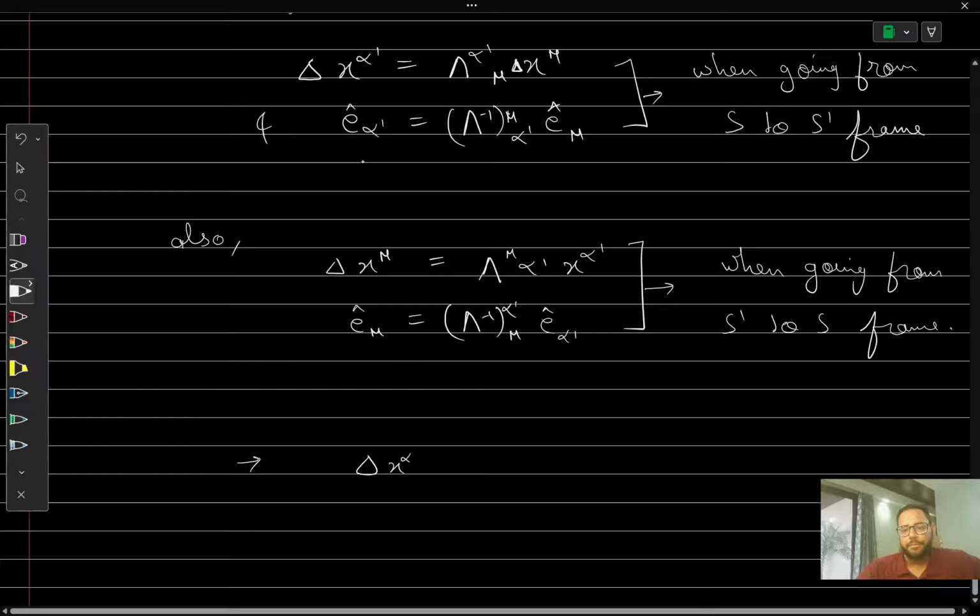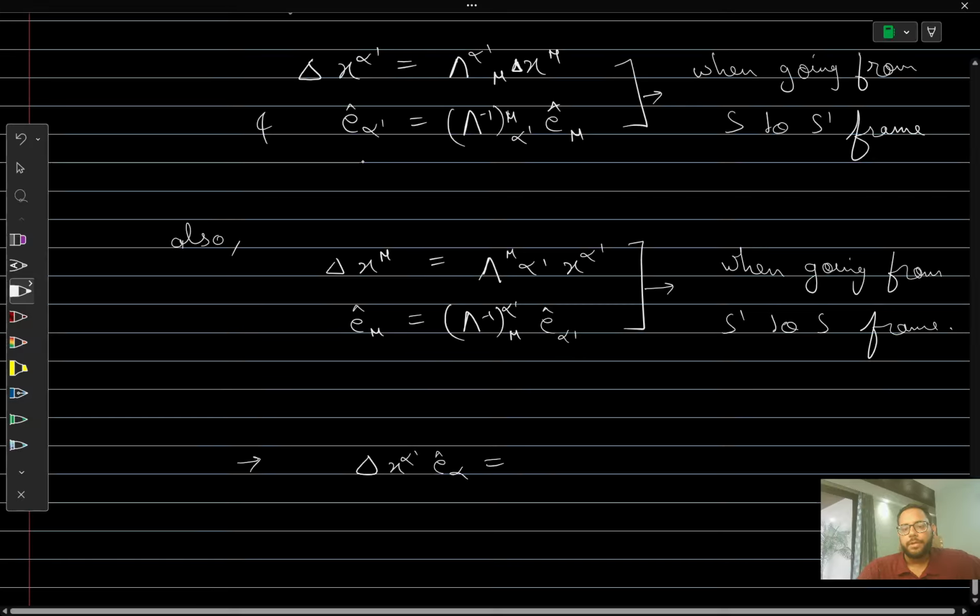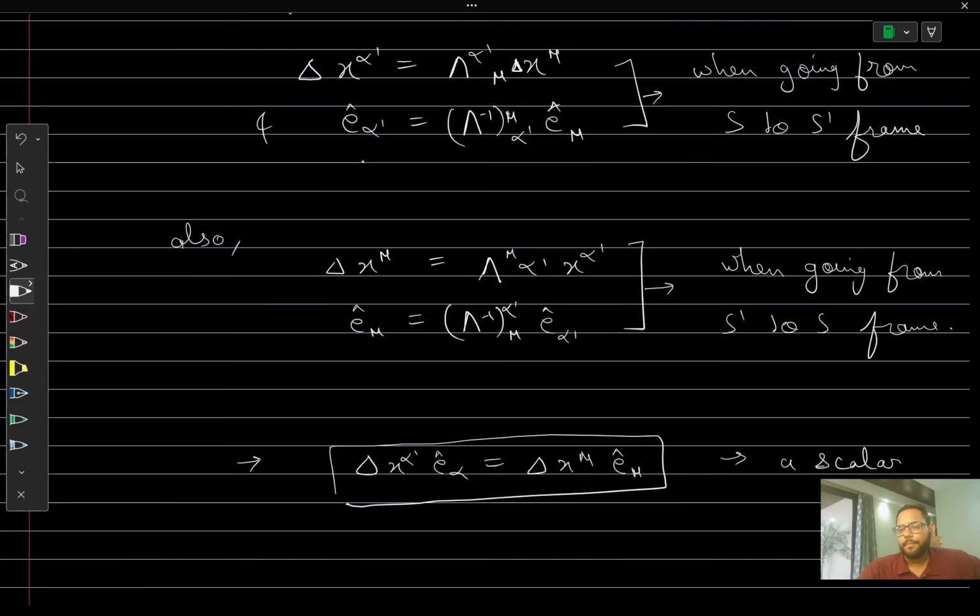Just try it, because we have calculated the same above also. It will be the same as this. You can just check. Whenever you write like this with dummy indices, this is just a scalar, or a number. Okay, so let's end this class today.